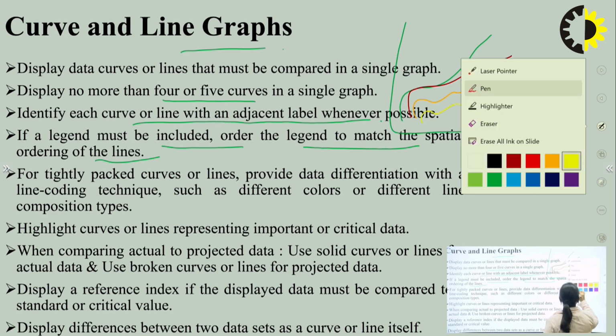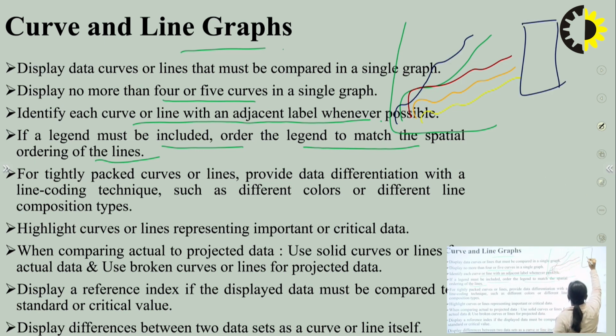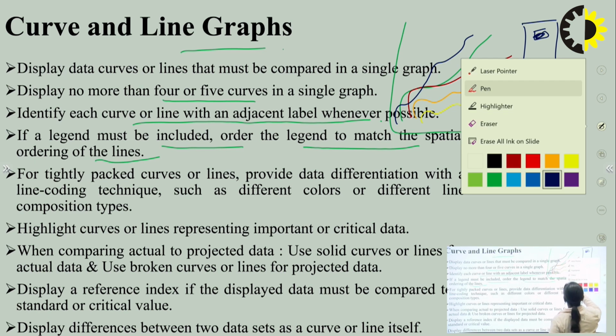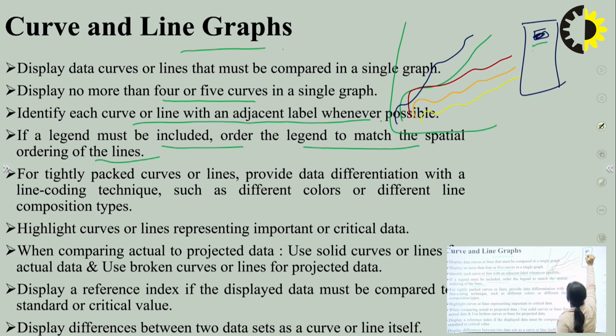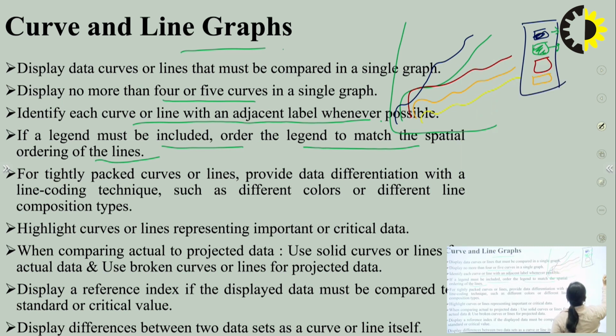In this way, in the legend, the first line is the first legend, then the second legend, then the third legend, then the fourth legend, and this is the fifth legend.